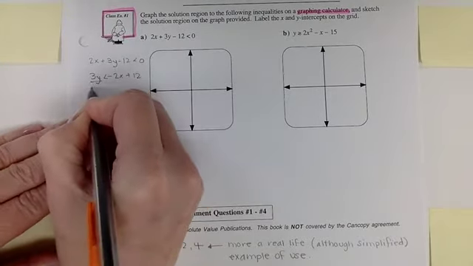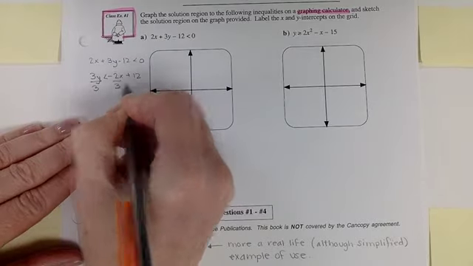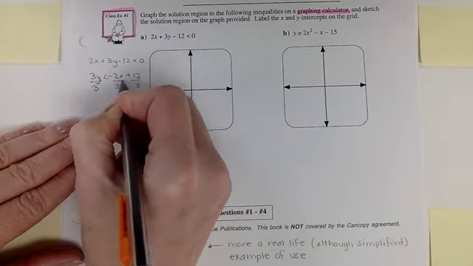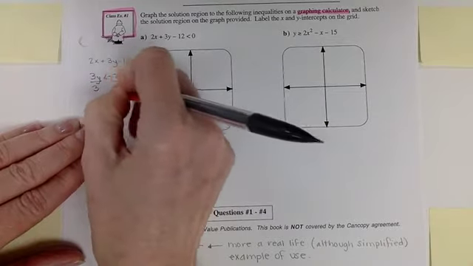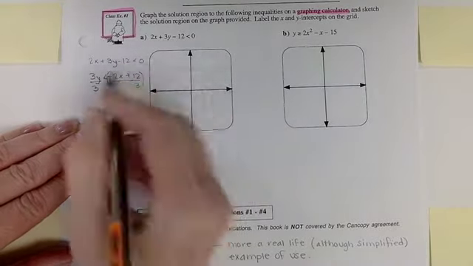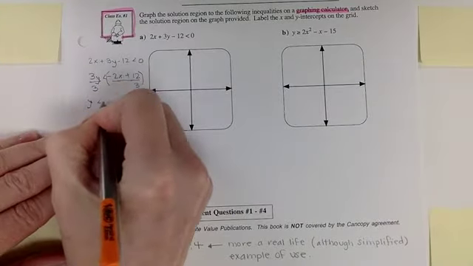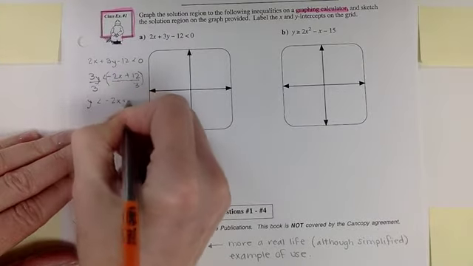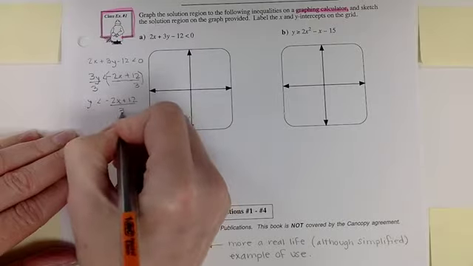And now divide by 3. And actually, why don't I just do one of those since I'm putting it on my calculator anyways. So y is less than negative 2x plus 12 all over 3.